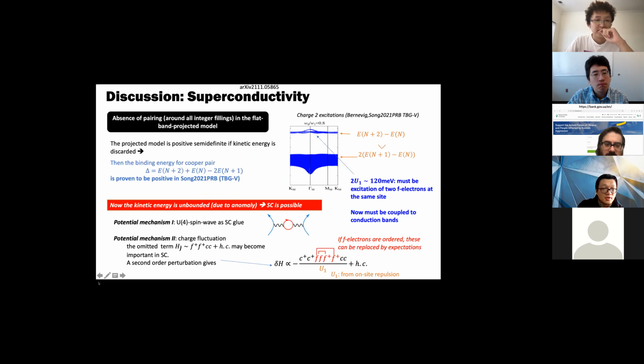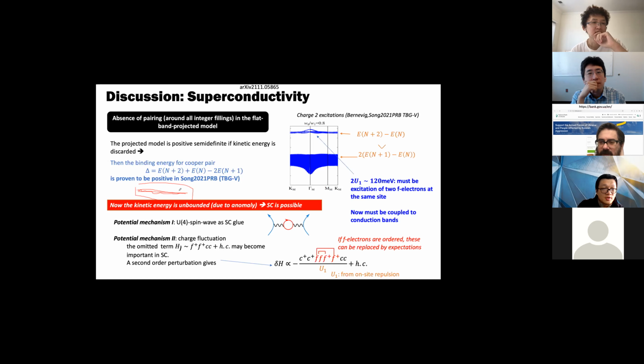Well, what I'm saying is that you have to add kinetic energy. If you take the Coulomb Hamiltonian and project it into the lowest lying bands, that will not have superconductivity.